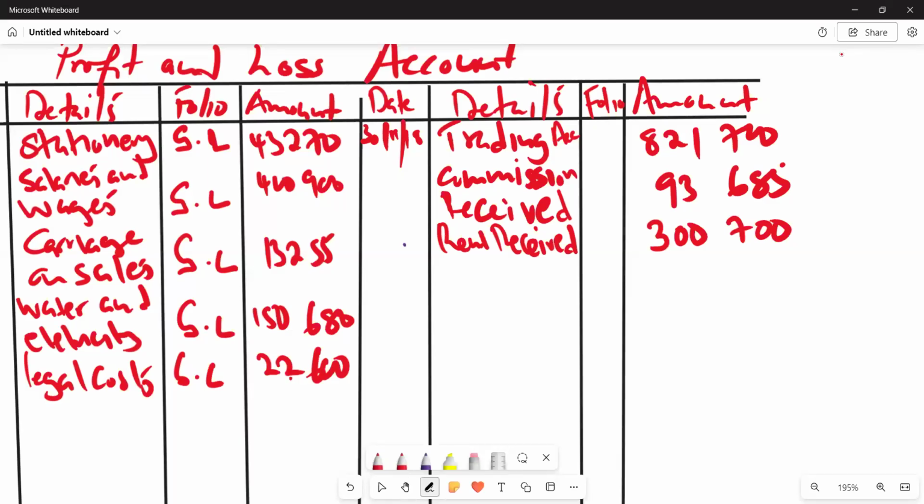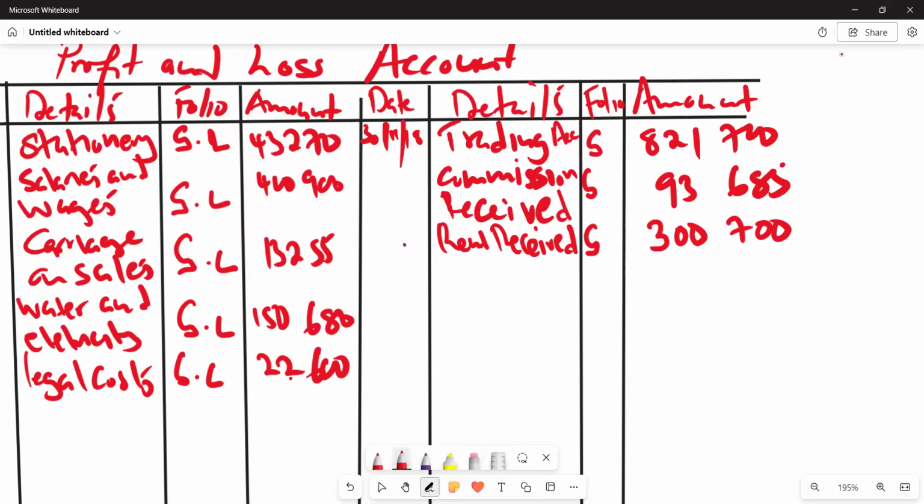So before we balance our account, we are going to update our folios on the credit side. Remember, we are saying general ledger, so we're going to put our GL on our entries on the credit side. General journal. We are having our general journal, so we can just maybe try to correct there.